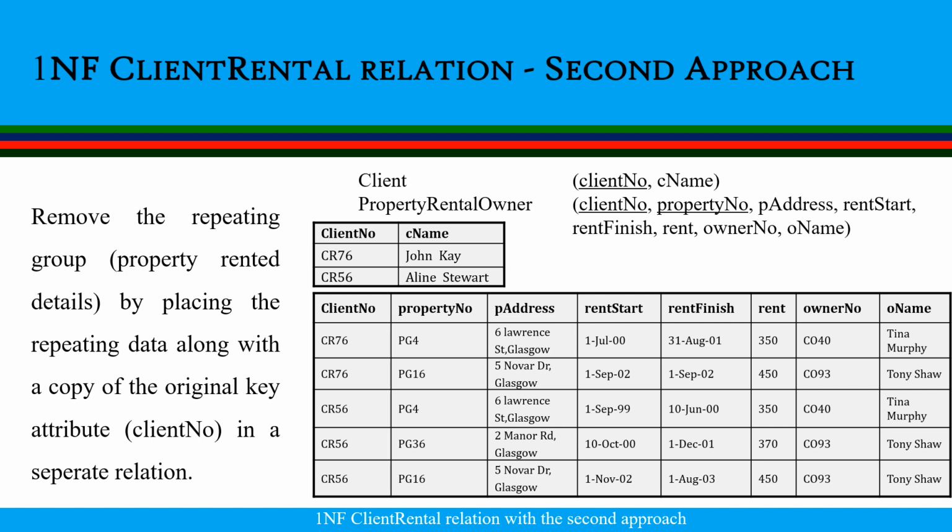Client number is the primary key there. The property rental owner table consists of client number and property details. The client number and the property number together form the primary key of the property rental owner table. So we are removing the repeating groups by the process of decomposition.